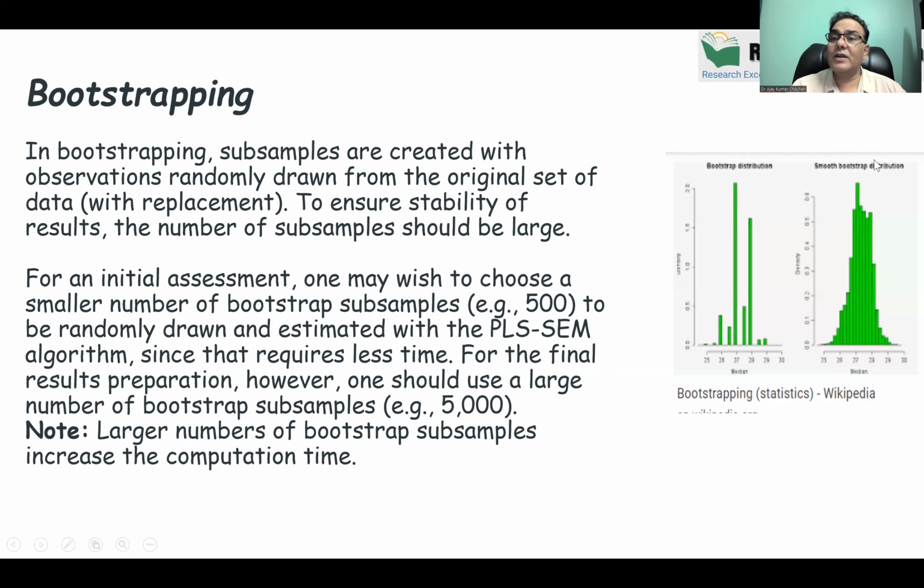So you will get generalized results. So bootstrapping is one of the methods for hypothesis testing in the result. The number of samples you can take is from 500 to 5,000. So these are the bootstrap samples, and this resampling is called bootstrapping.